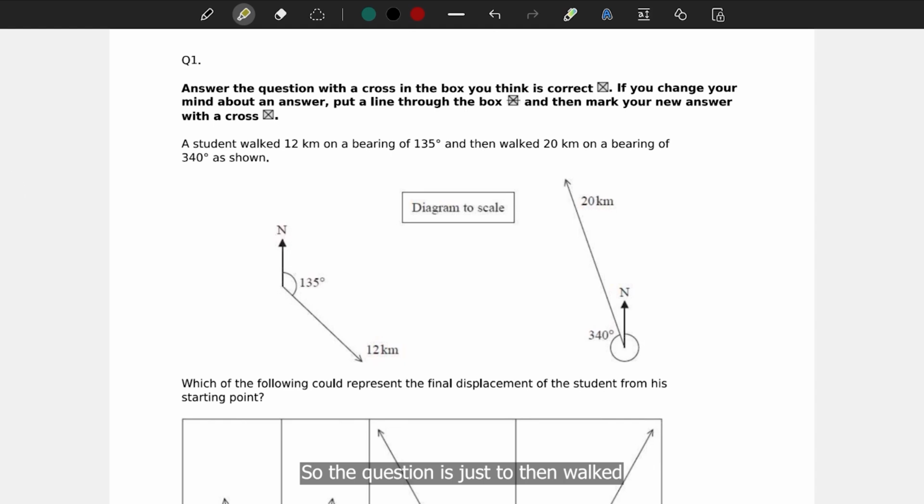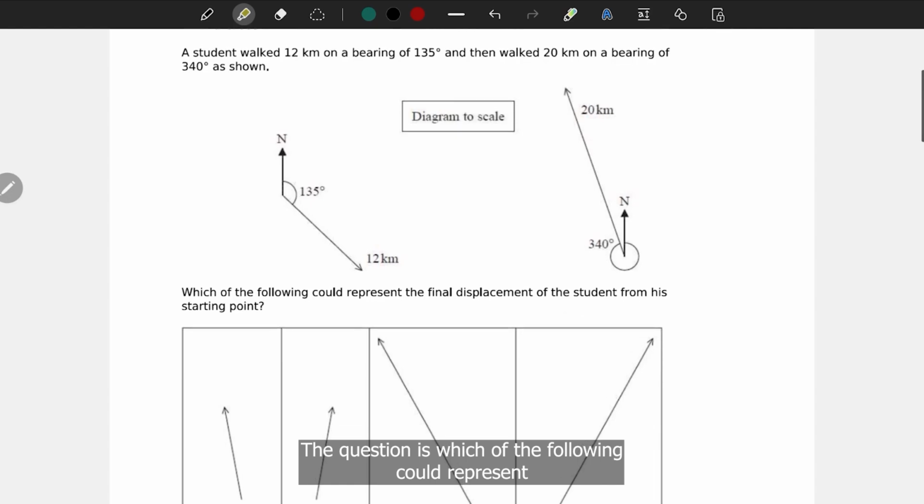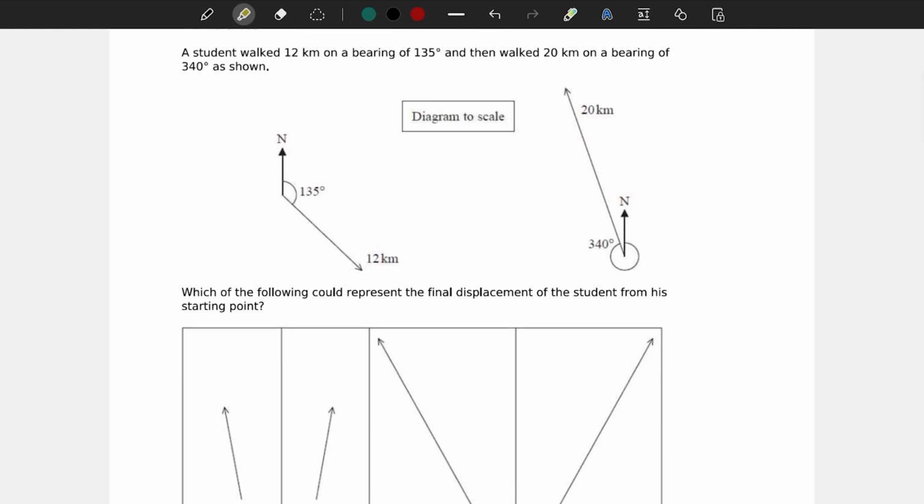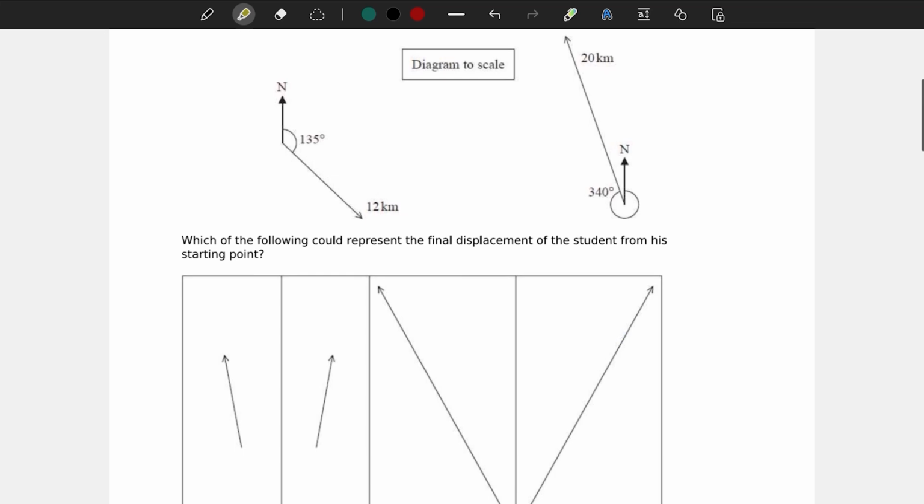So the question is, a student walked 12 kilometers on a bearing of 135 degrees, and then walked 20 kilometers on a bearing of 340 as shown. Which of the following could represent the final displacement from the student's starting point?